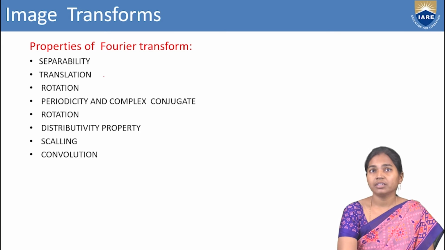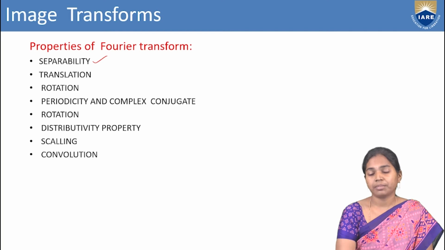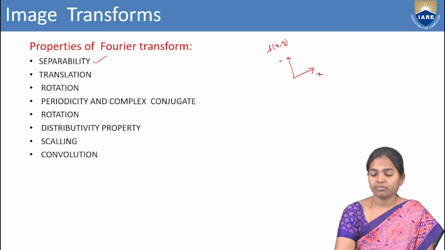We have separability, translation, rotation, periodicity and complex conjugate, distributivity property, and scaling property. In this, what is meant by separability? First, consider an image represented with f of x comma y, with x and y.